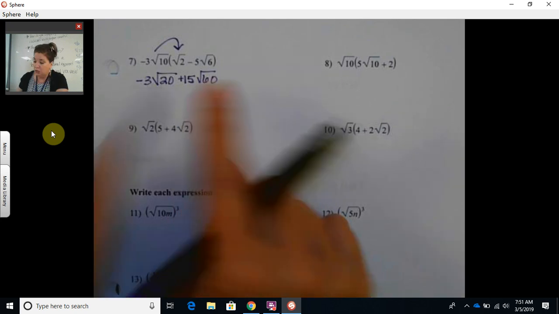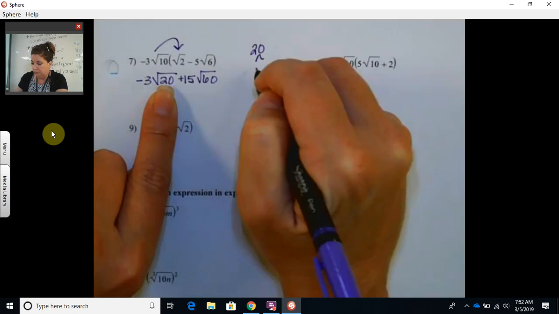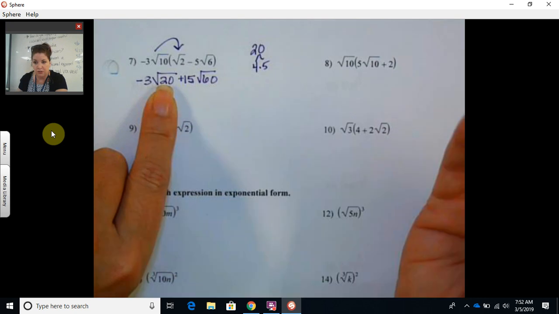So 20, does it have any perfect square factors? Yes, 4, right? I can already see right there that's going to be 2 times 2, which is going to be 4. So I'm just going to leave it as 4 times 5. So I'll replace that with 4 times 5.